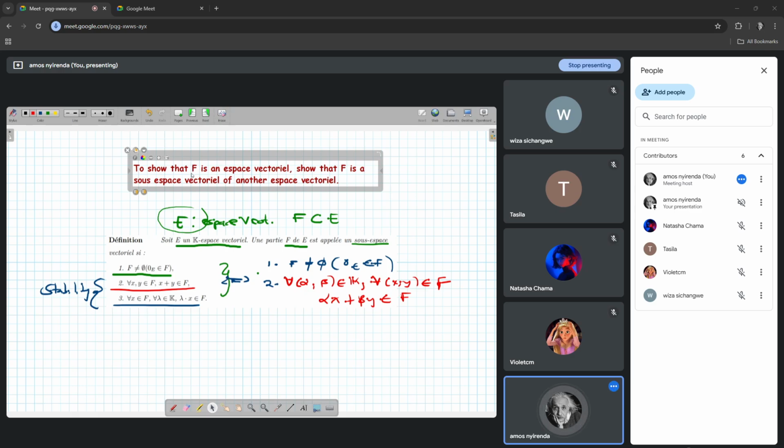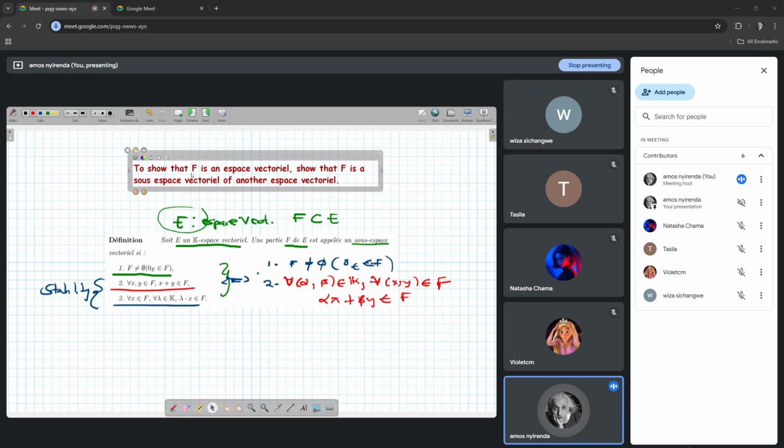An espace vectoriel, because a sous-espace vectoriel is an espace vectoriel. So if I want to show that the given set F is an espace vectoriel, I don't have to go through all the 8 properties. Now you can do that if you want, but you just have to show that F is a sous-espace vectoriel of another espace vectoriel.